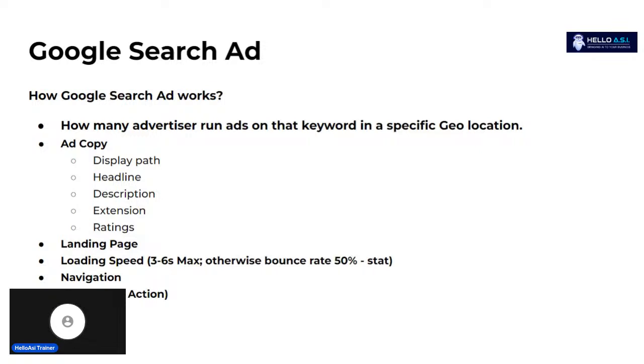This is the search ad. I think you understand my point. You will see here the title or headline, and here is the description of the advertiser's product. There are also a few things, like brands, contact information, and other things.